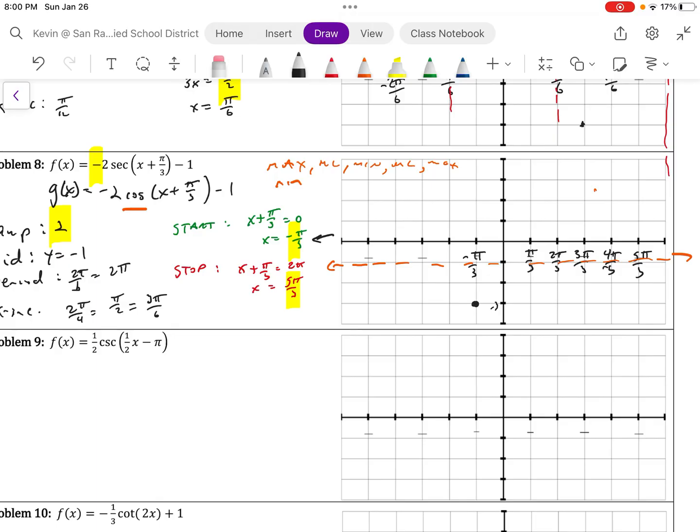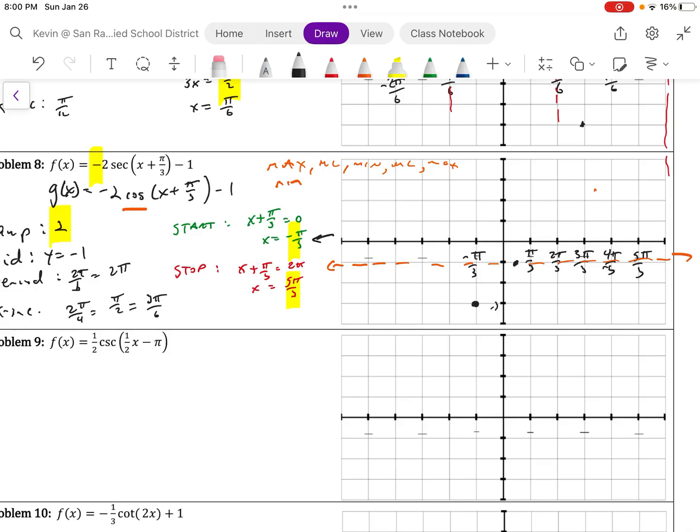So I'm here, and then at 3 pi over 6 is my x increments. That makes it really kind of weird. So that's going to come in here, right around there, right?